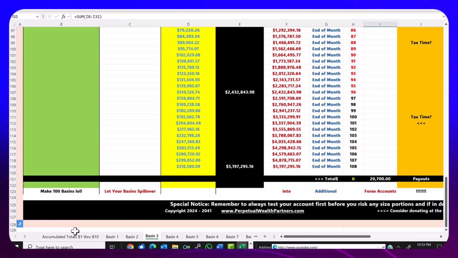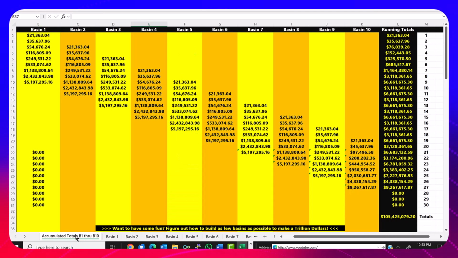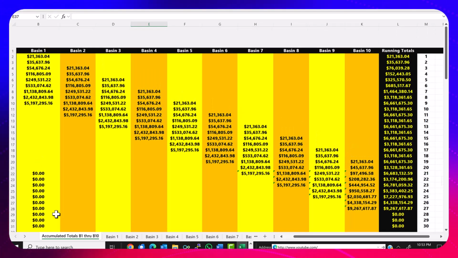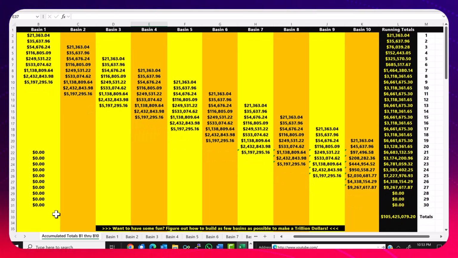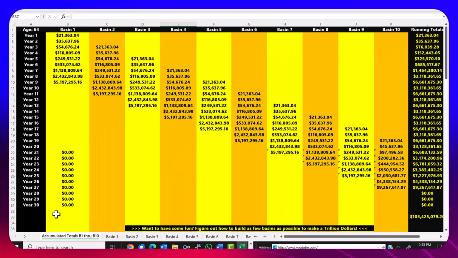And let's just go to the accumulated totals, basins 1 through basins 10. All right, so in year 1, I'm 64, so in year 1, the end, I would be 65, and I would have made 21,000 in my Roth.